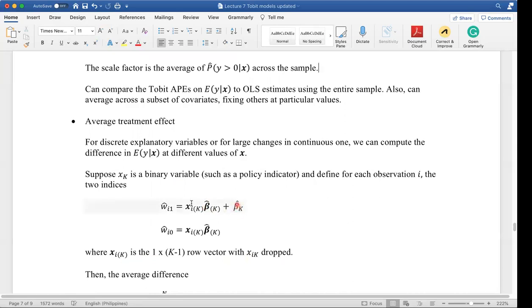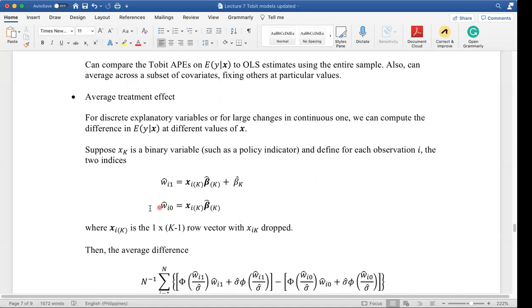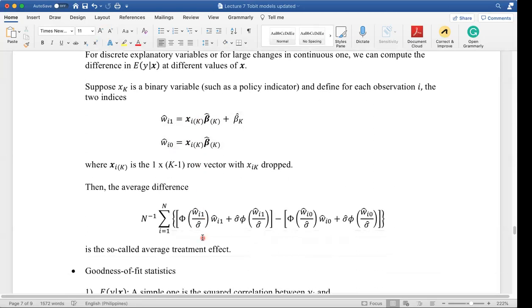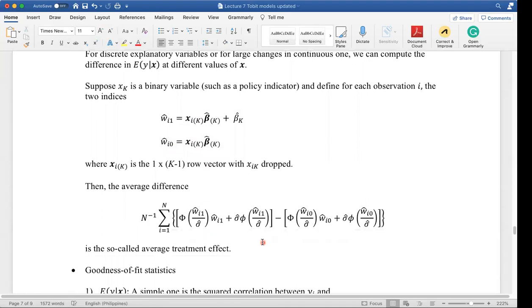But then x sub k is equal to 1, so you would just have 1 times beta hat k. And if you do not have the treatment, then you would just have this first term. Okay. Then what is the average difference?